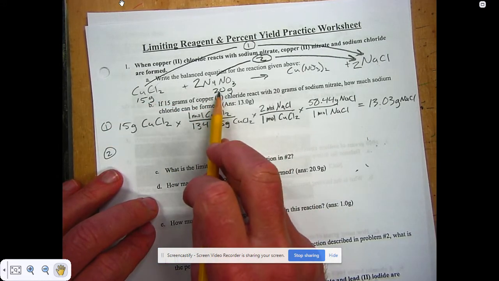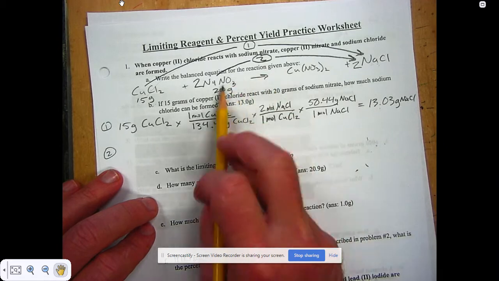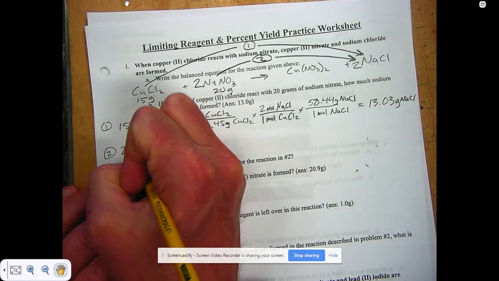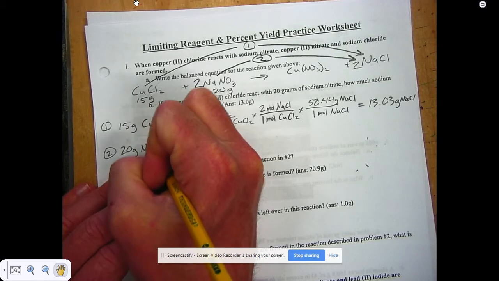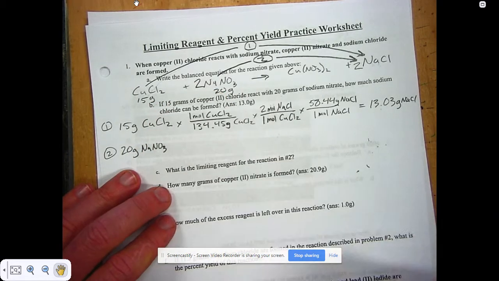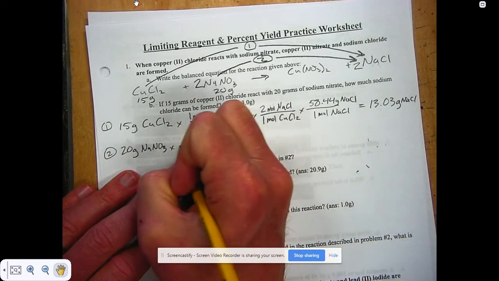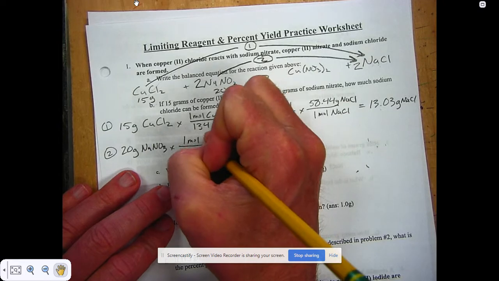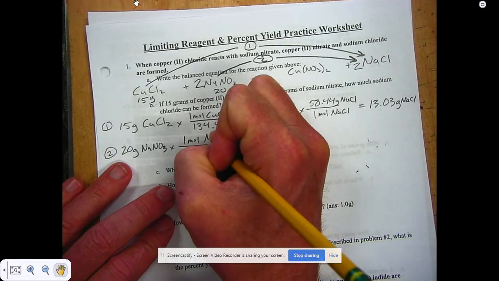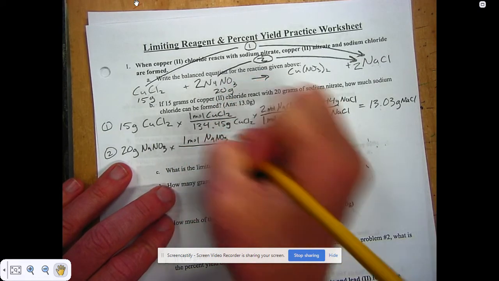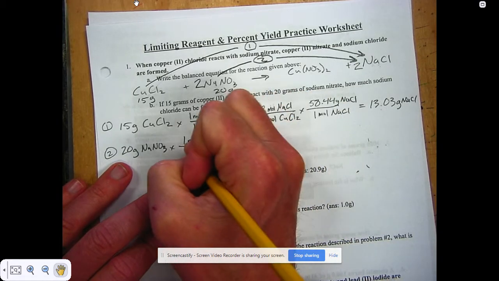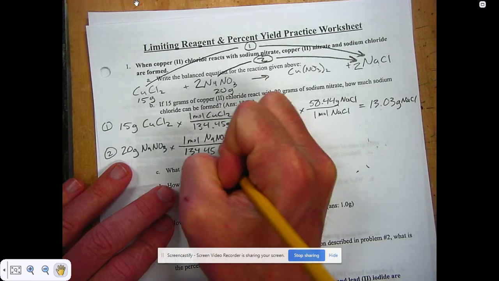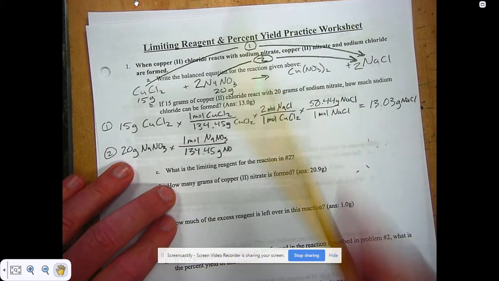Second, I'm going to figure out how much sodium chloride can be made with 20 grams of sodium nitrate. So I'm going to start with 20 grams of sodium nitrate, and I'm going to multiply that by the inverse of the molar mass, which is 134.45 grams of sodium nitrate.